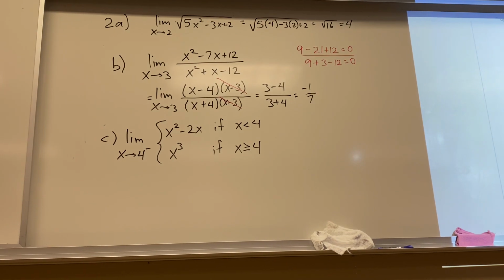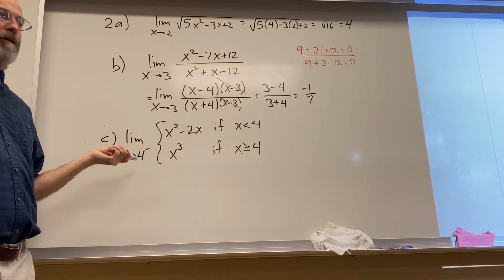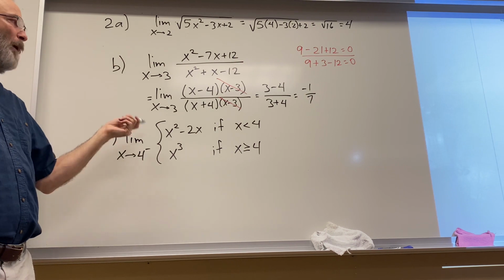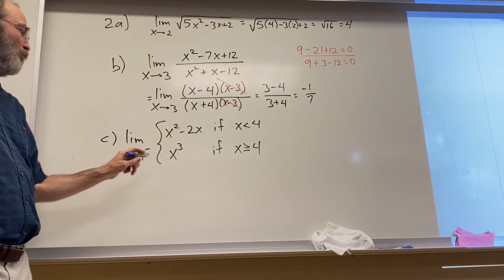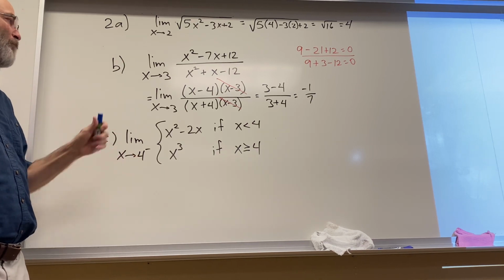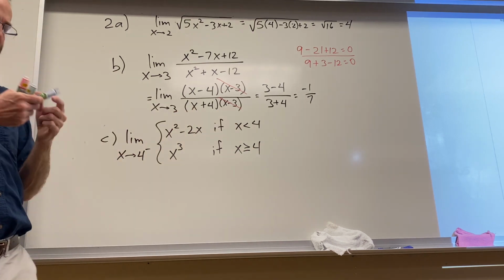Okay. So we're coming at 4 from the negative side. So which of these are we going to use? Top one. It doesn't even matter that 4 belongs to the other one, because we're not at 4, we're just approaching 4. We're coming at 4 from the negative side, which means we're below 4, so we're going to use this top definition.